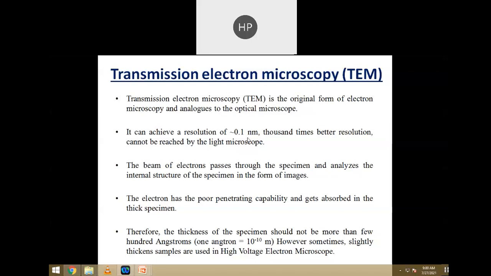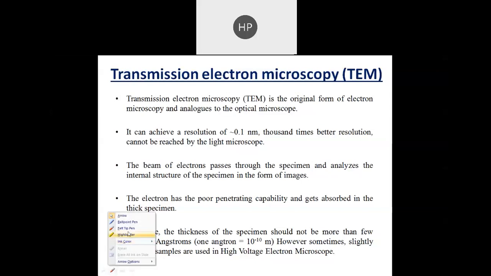The beam of electrons passes through the specimen and analyzes the internal structure of the specimen, giving it in the form of an image.